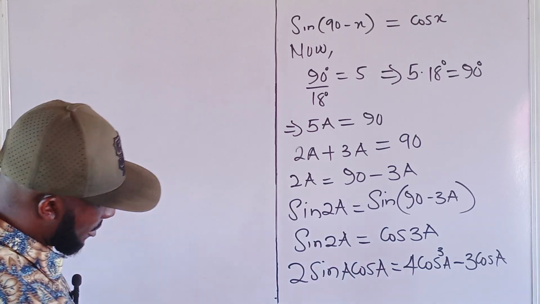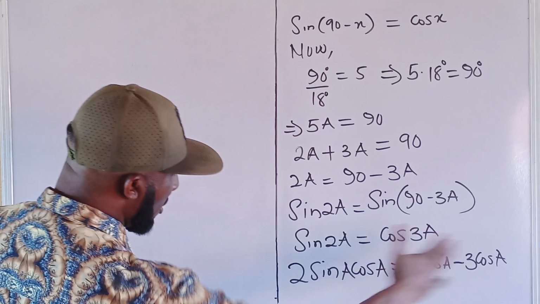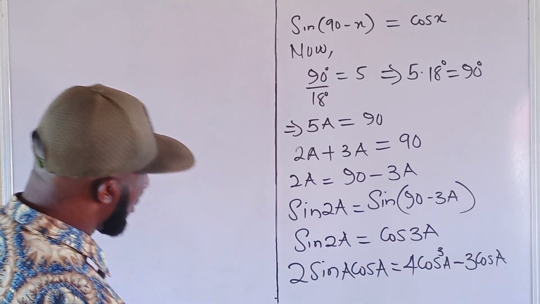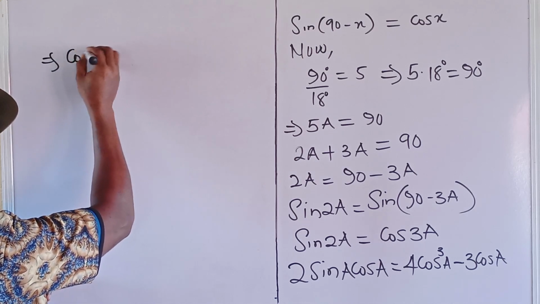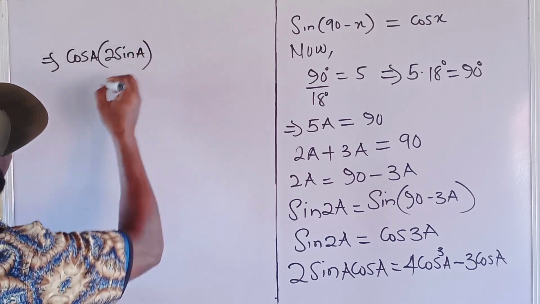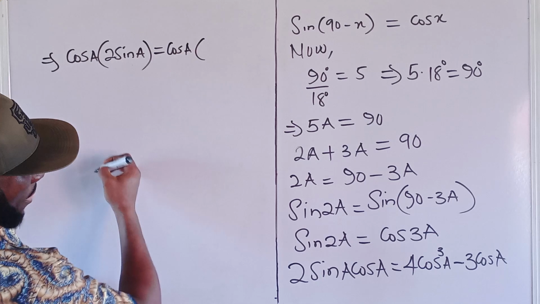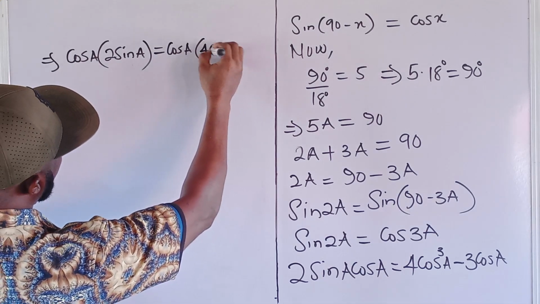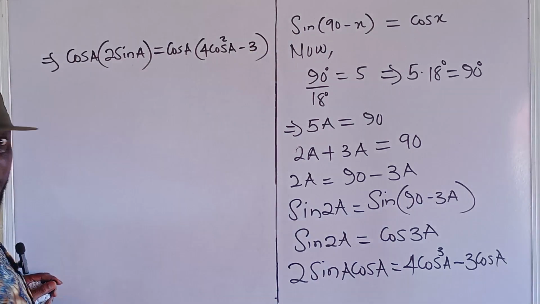So the next thing, cosine A seems to be common on both the left and the right, so I can actually isolate it. If I isolate cosine A, on the left I'll be having cosine A, then 2 multiply sine A. Then on the right, if I isolate cosine A, I'm going to be having 4 cos square A minus 3.